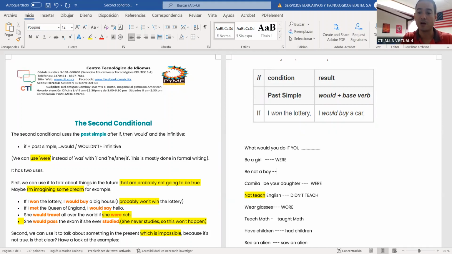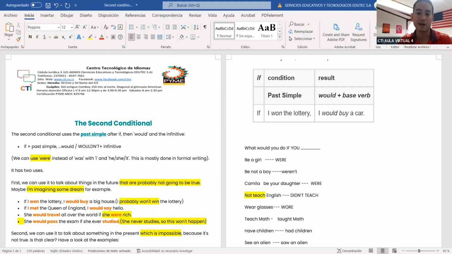What's the negation for be here? Were is affirmative and weren't is negative. I'm married. If you want to say, teacher, what would you do if no estuviera, you say, what would you do if you weren't married, for example?